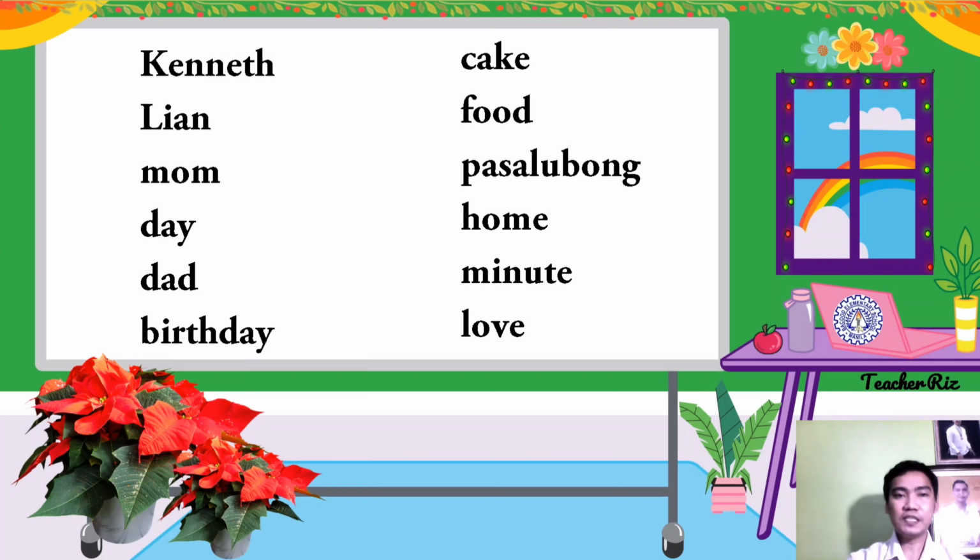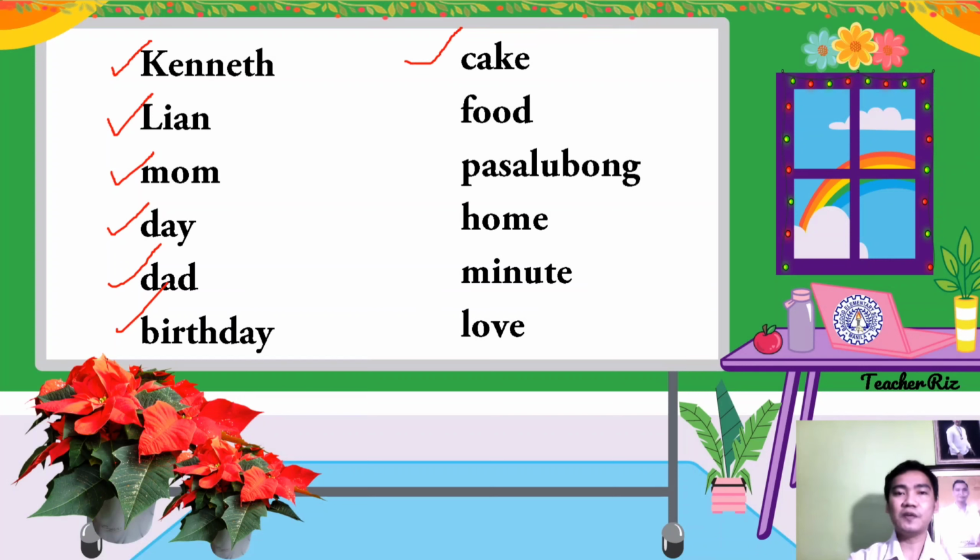Do you have the same words as this? So please help me in reading number 1. How will you read this one? Alright, it's Kenneth. Okay, we also have Lian. What about this? Okay, Mom. How will you read this one? Okay, very good. It's a day. What about this? It's Dad. I know you know how to read this word. It's birthday. What about this one?